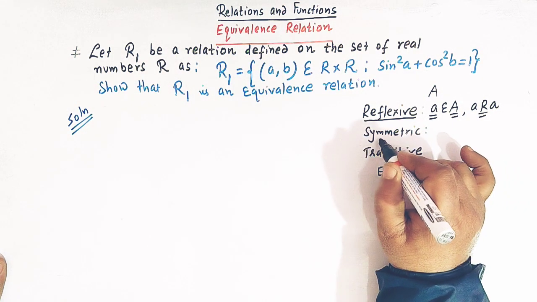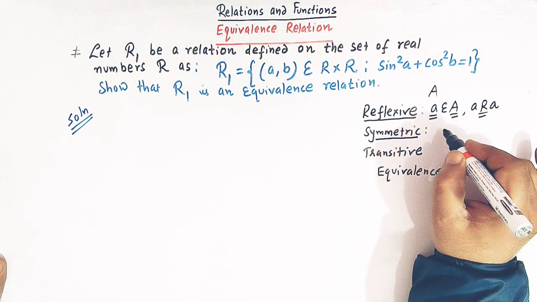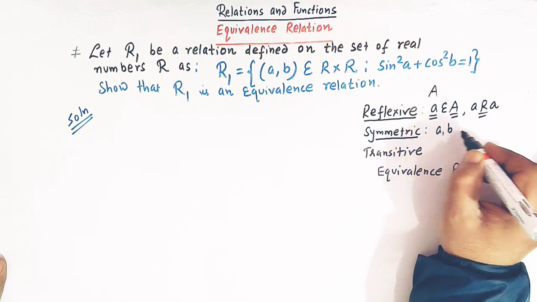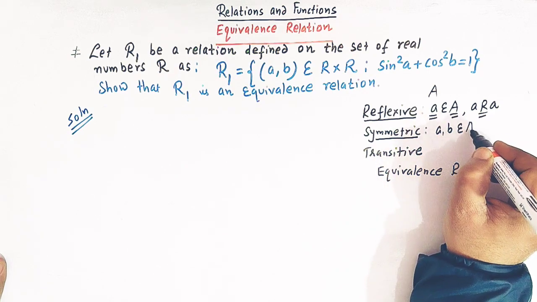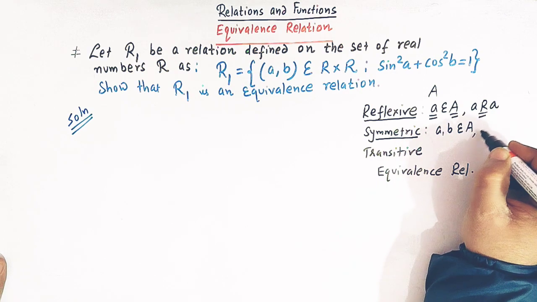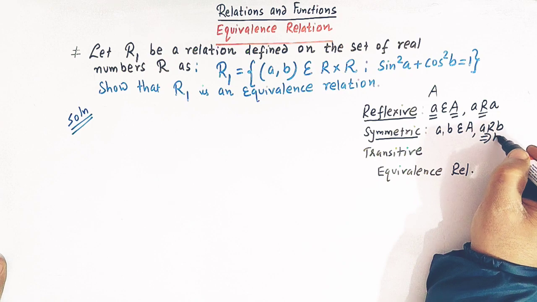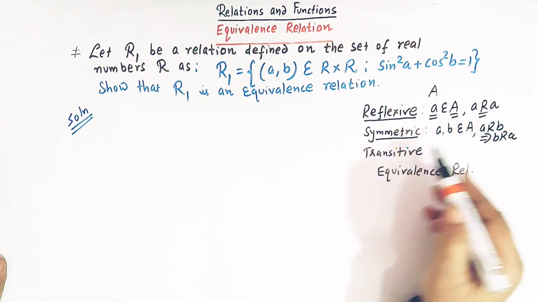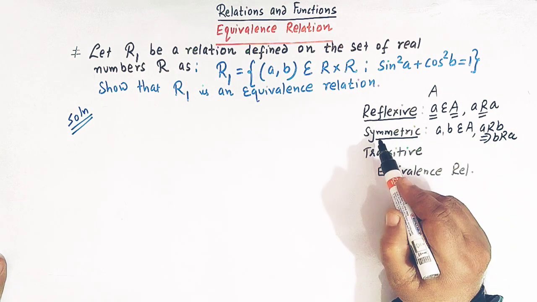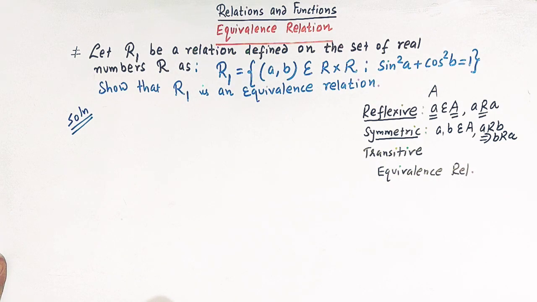And in case of symmetric relation, if we have two elements, say A and B, belonging to the set A, and if A related to B implies that B related to A, then the relation R is said to be a symmetric relation, right?